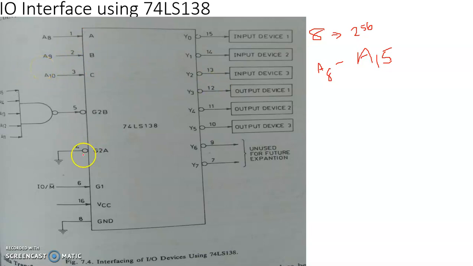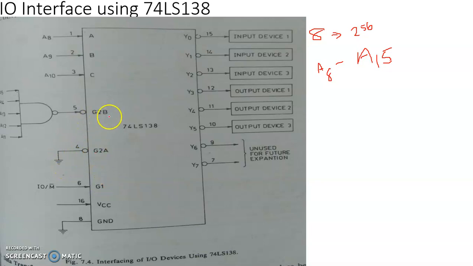We know that G1 must be high. In I/O addressing, IO bar M bar will be going high. So to this decoder, the IO bar M bar line will be given to G1. G2A will be grounded.